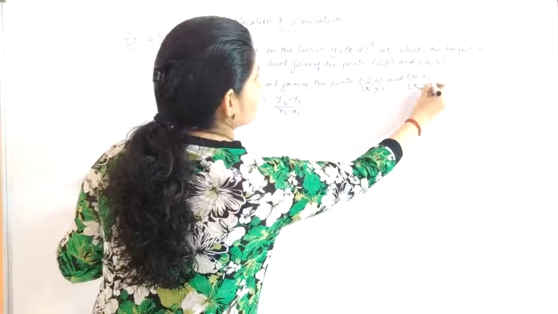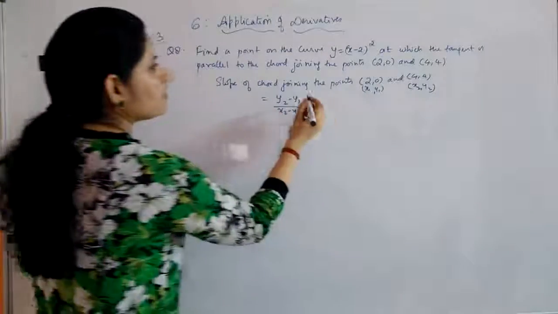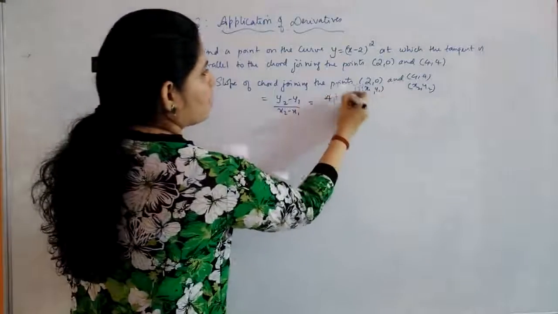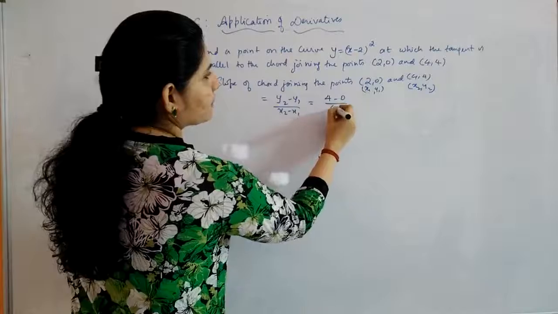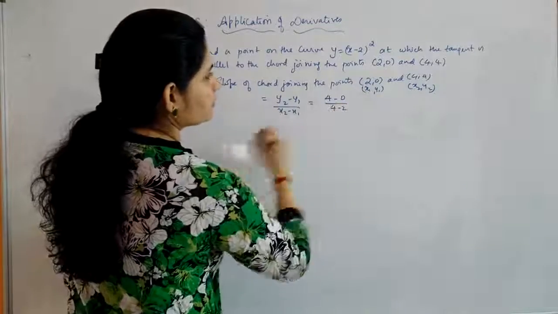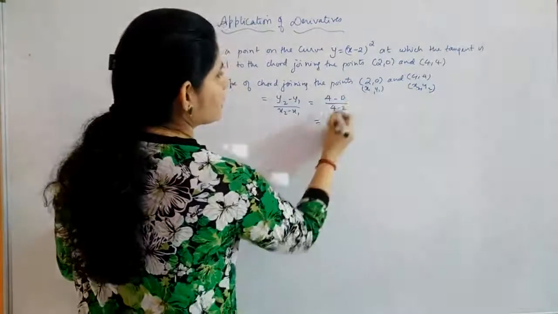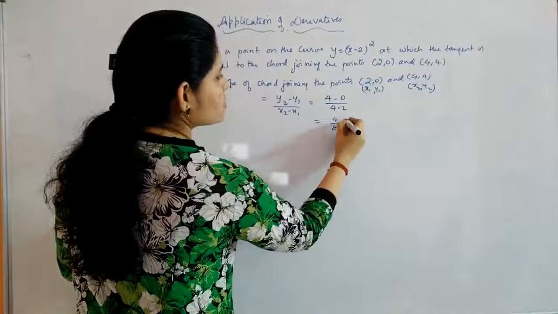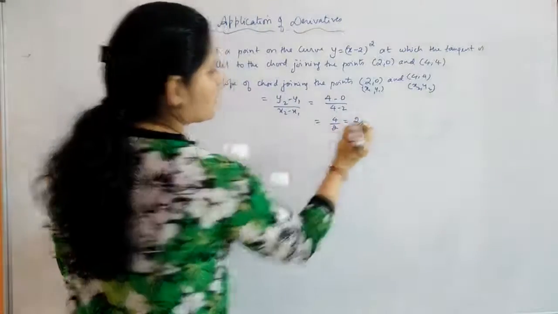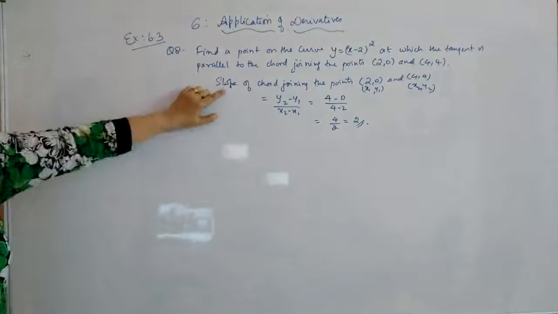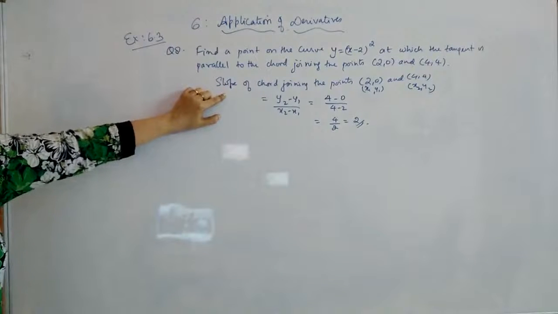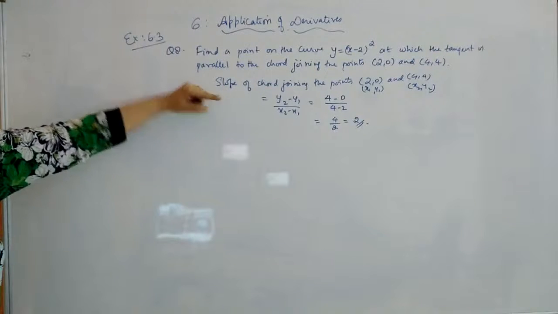This will give you 4 minus 0 by 4 minus 2. Okay, so that is 4 by 2, which is 2 you are getting.